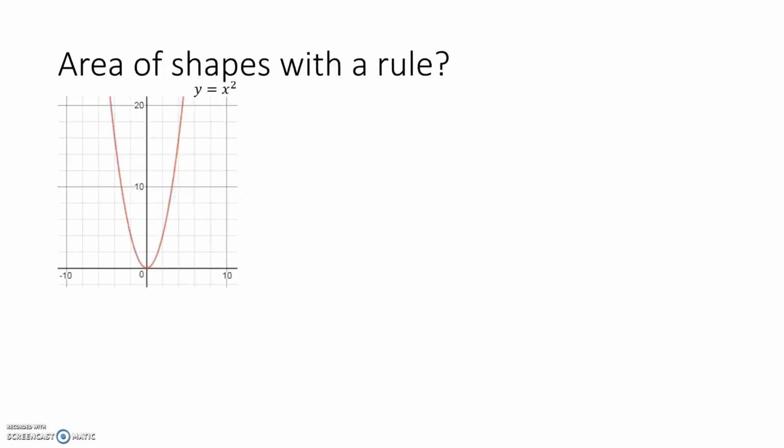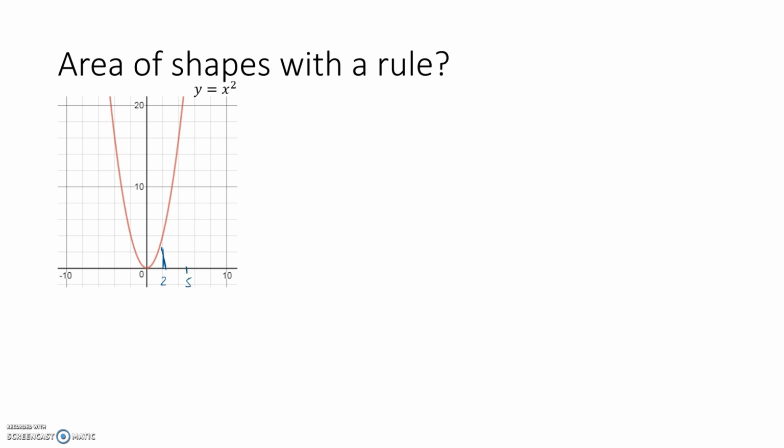Here we've got a curve, and it's a curve that we know the rule for. It's a function y equals x squared. We know what its rule is. Now suppose we want to find the area between 2, which is there, and 5, which is there.